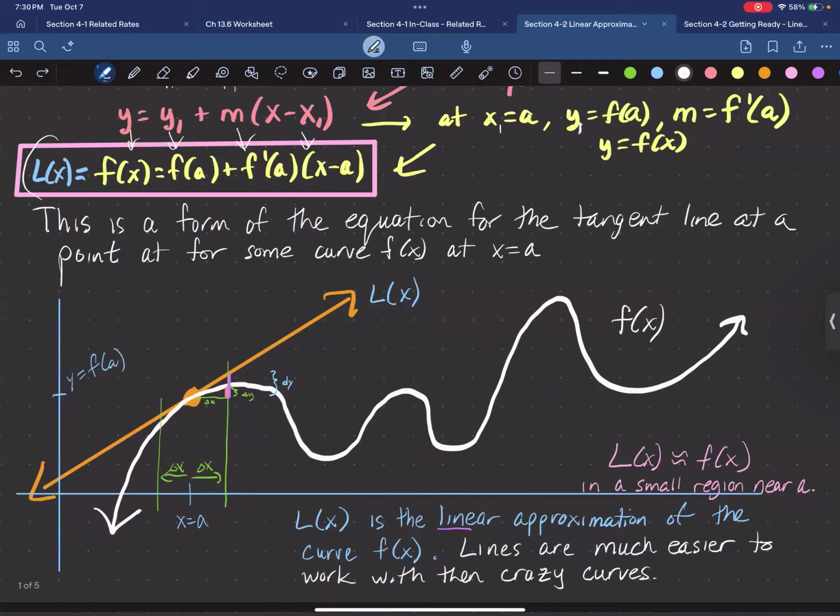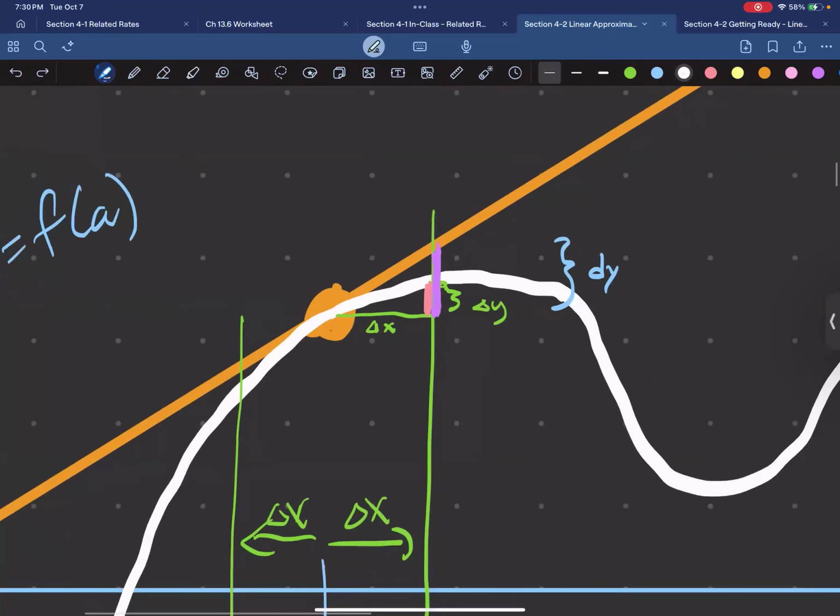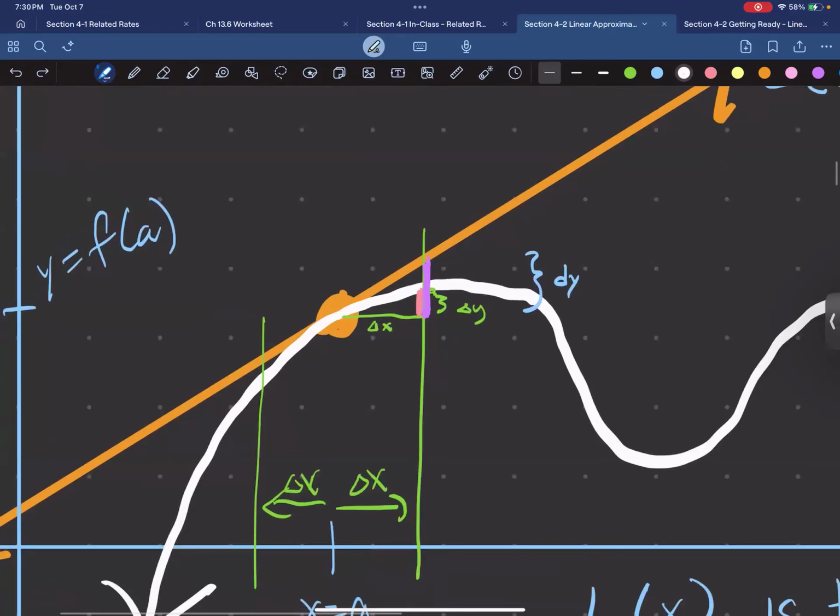F of x can be all crazy looking, like this line right here. But let's say x is a right here. I'm going to zoom in. My orange line is my tangent line. And if I go out a distance delta x, which is like a dx, delta y would be the change in y.